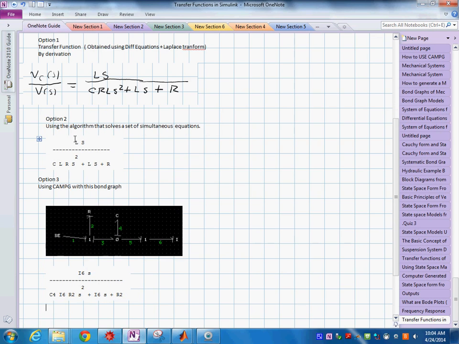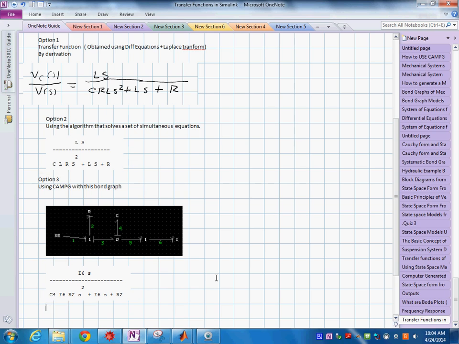You see I6 is L, C is C, and R2 is R, of course. So by doing it three different ways, there's no question that this is the real transfer function.